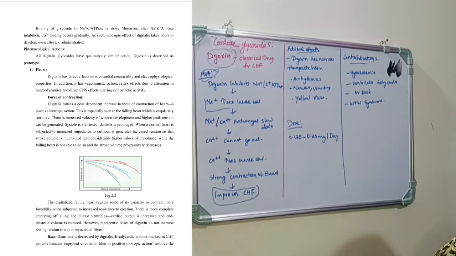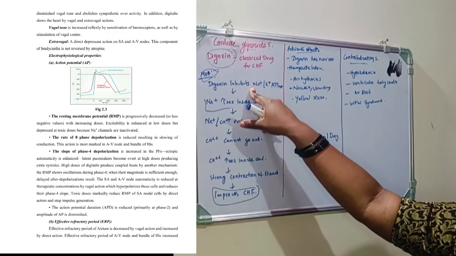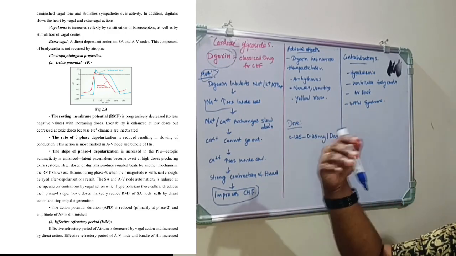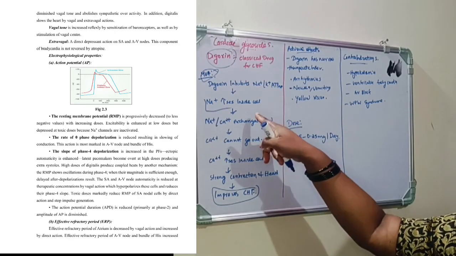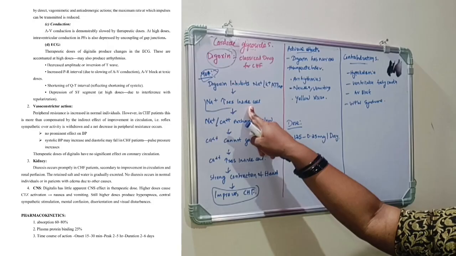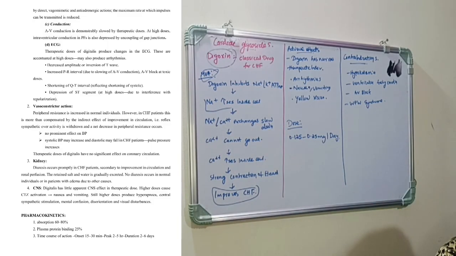What your digoxin is going to do is inhibit the sodium plus potassium ATPase. So sodium cannot go out, and sodium starts increasing inside your cell. You can remember that digoxin increases the sodium inside the cell.